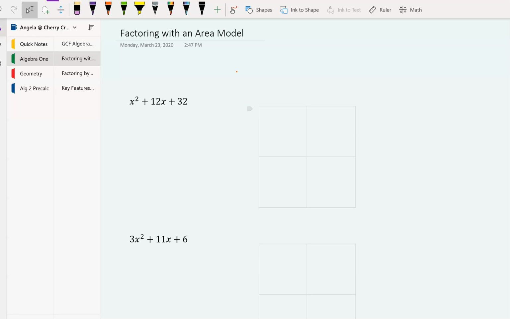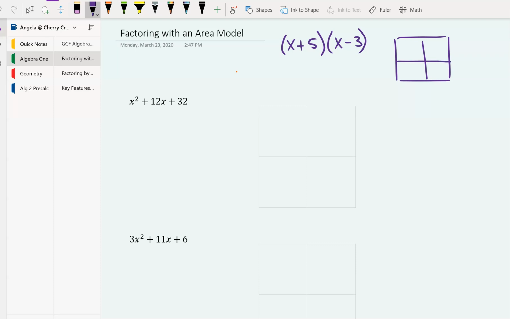So if you have a problem that looks like this, for example, x plus 5, a binomial, times x minus 3, you can actually use an area model to multiply that and get your result of multiplying two binomials.